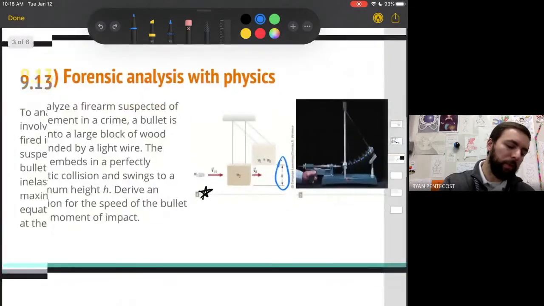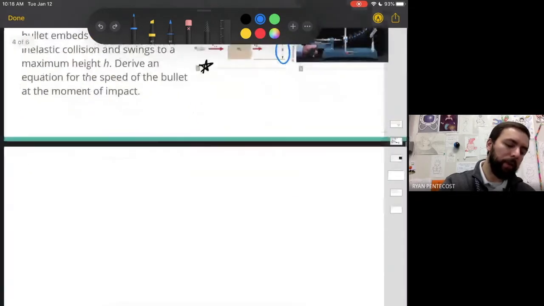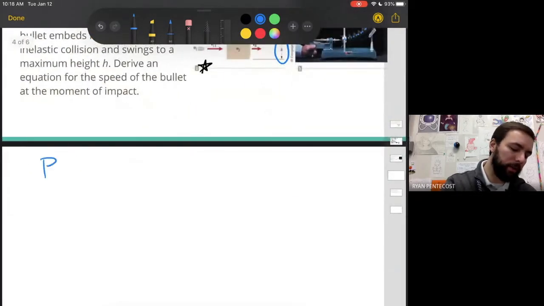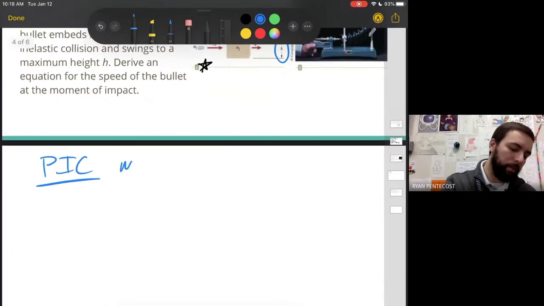So if we want to analyze this, we know it is a perfectly inelastic collision. Let's call mass 1 the bullet and mass 2 the block. And that comma is misleading.